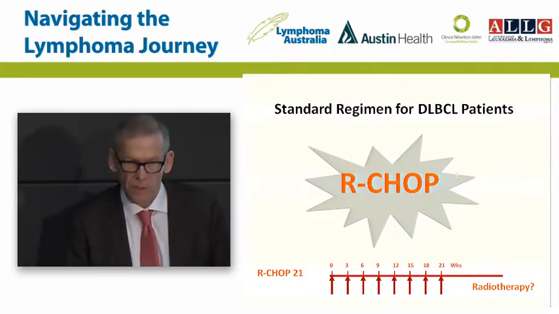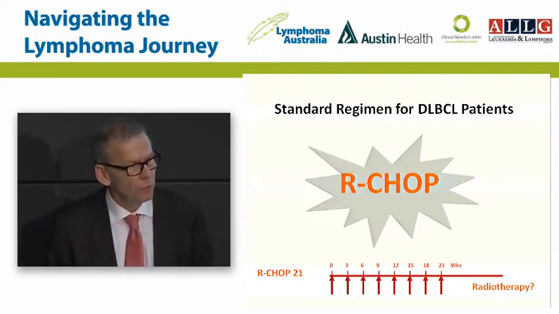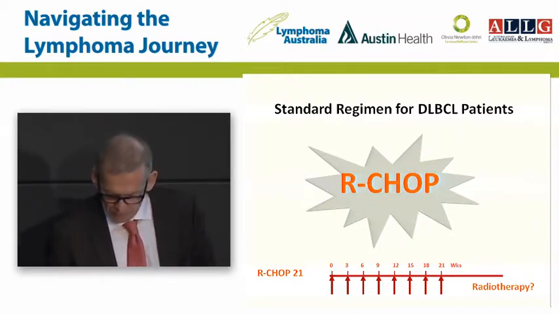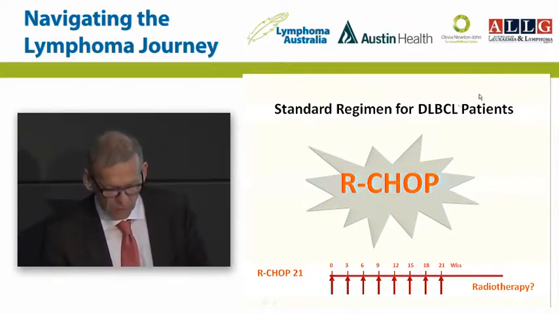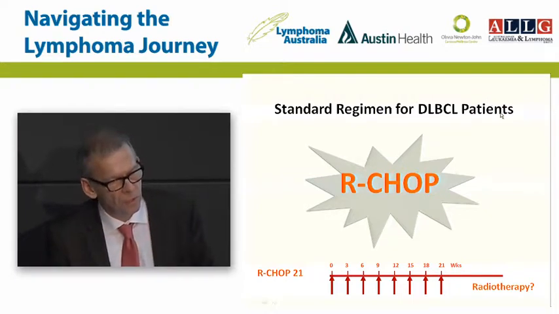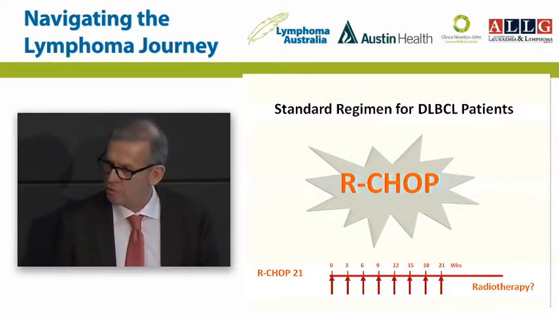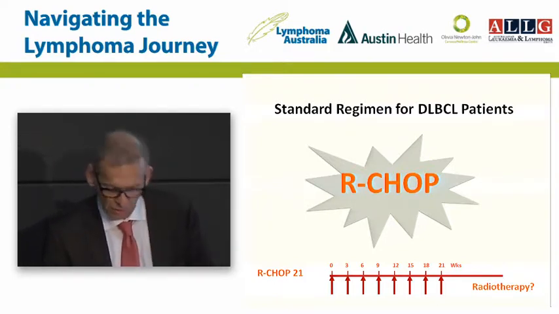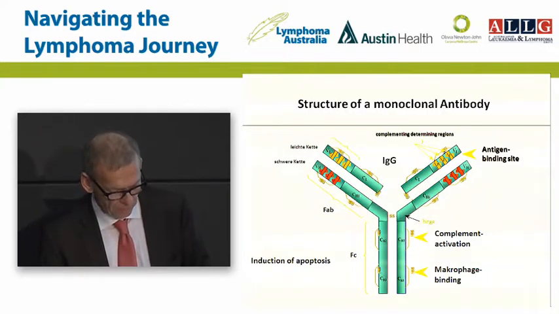So I assume that quite a few of you here in the room have received this or variants thereof. And this chemotherapy is usually given in 2 or 3 week intervals, and 6 to 8 cycles of treatment are given if you are younger. If you're older than 60 or 70, you might receive less treatment.